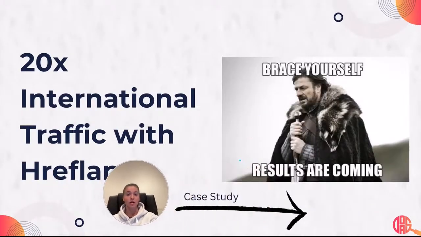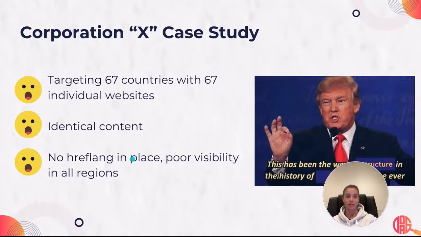I would like to share a case study with you. So this is from one of my clients and how we grew their international traffic by miles. So this is the Corporation X case study. They were targeting 67 countries with 67 individual websites.